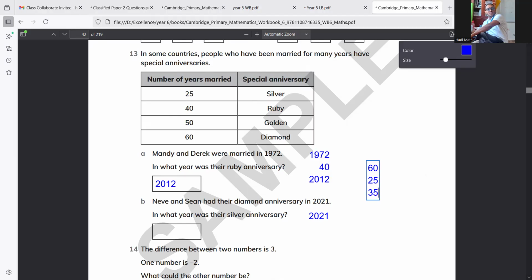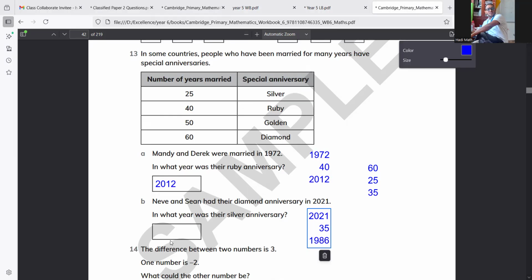Now, they will get their silver 35 years before. Then go and subtract. 11 minus 5 is equal to 6. And then 11 minus 3 is equal to 8. And this is equal to 9. And this is 1.